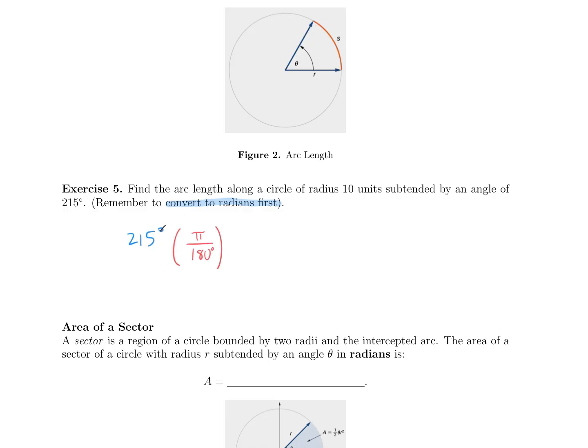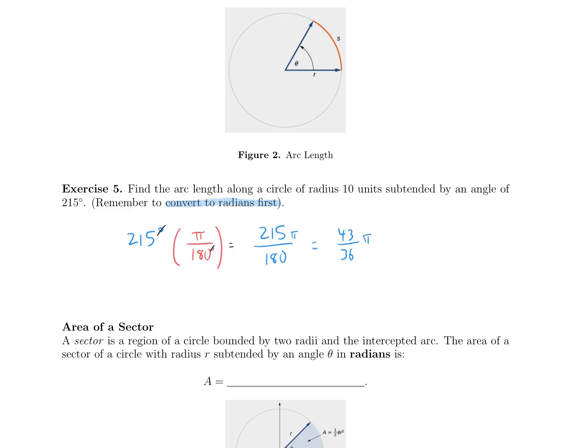We can cancel out the degrees, which will leave us with radians. So now we're going to end up with 215 pi over 180. Okay, and you can simplify that. If you simplify that fraction, you will get 43 over 36 pi.